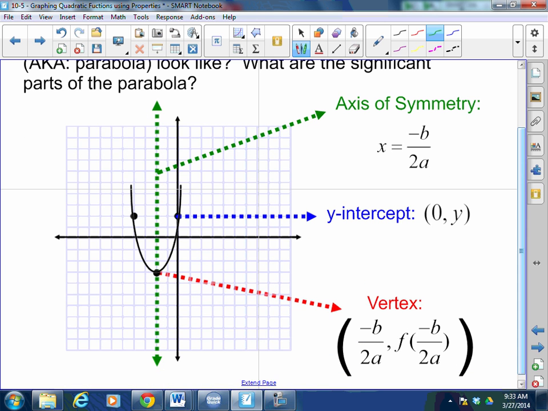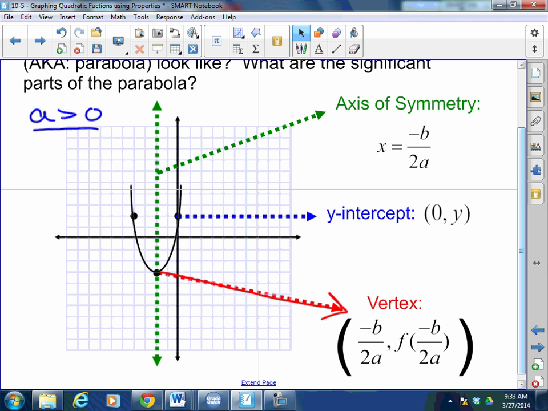We have this parabola, a U-shaped graph. It's pointing upwards, so what do we know about the a right off the bat? The a is positive. Since a is positive, is my vertex going to be a max or a min? How do I find my vertex?